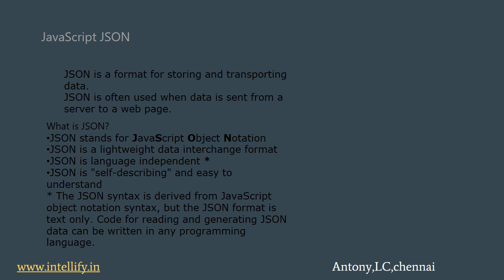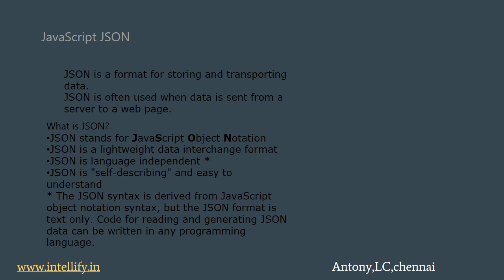JSON is a format for storing and transporting data. JSON is often used when data is sent from a server to a web page. So what is JSON? JSON stands for JavaScript Object Notation. JSON is a lightweight data interchange format. JSON is language independent, so we can use JavaScript, C, and we can also incorporate it in Flutter. JSON syntax is derived from JavaScript object notation syntax, but the JSON format is text only.